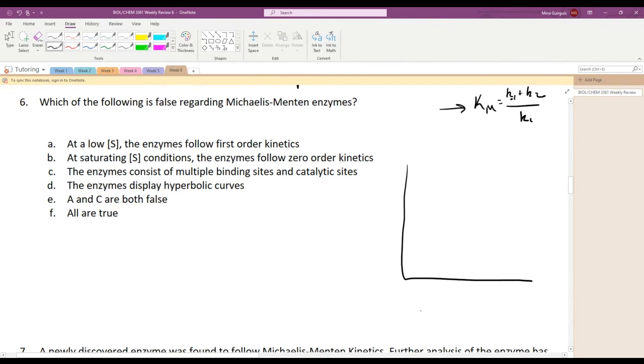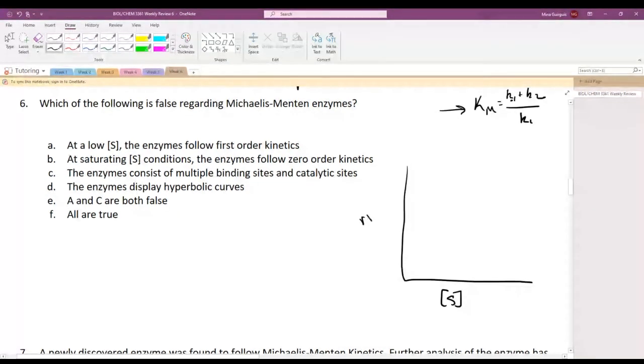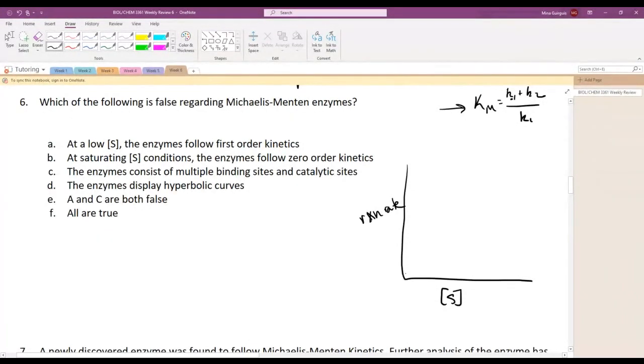So the general graph that we see is a graph of substrate concentration versus reaction rate. What happens is if I have a fixed amount of enzyme, so let's say for the sake of convenience, 1 molar of enzyme, then maybe when I have just a tiny bit of substrate, very little reaction is going to happen.